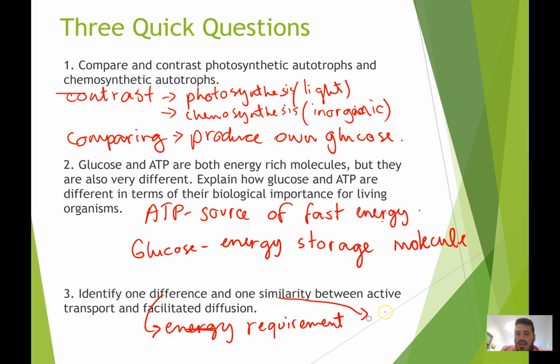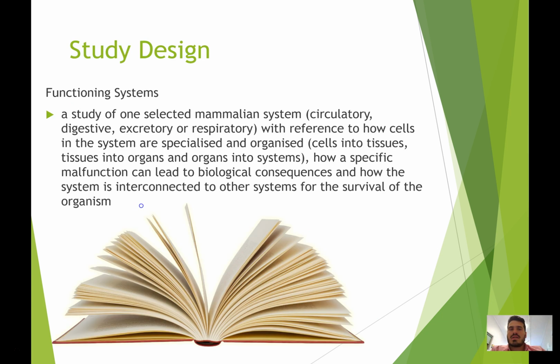Similarity, the use of transport proteins is the similarity. So they both use carrier proteins. Only facilitated diffusion really uses channel proteins, but they both use transport proteins, which is that grouping of proteins.